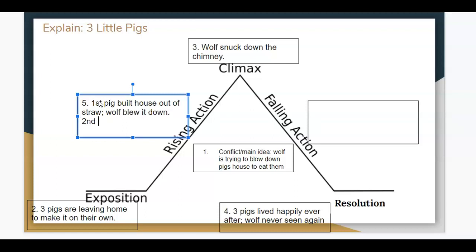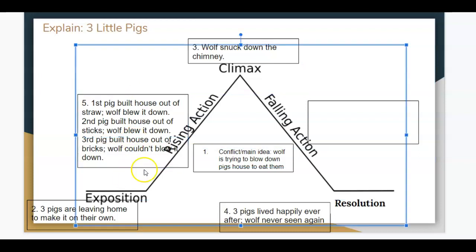The second pig built a house out of sticks. Wolf blew it down. The third pig built a house out of bricks. Wolf couldn't blow it down. And so what did he do? Well, the wolf snuck down the chimney. That's what he did, because he couldn't blow down the brick house, because it was just too powerful and strong for him.